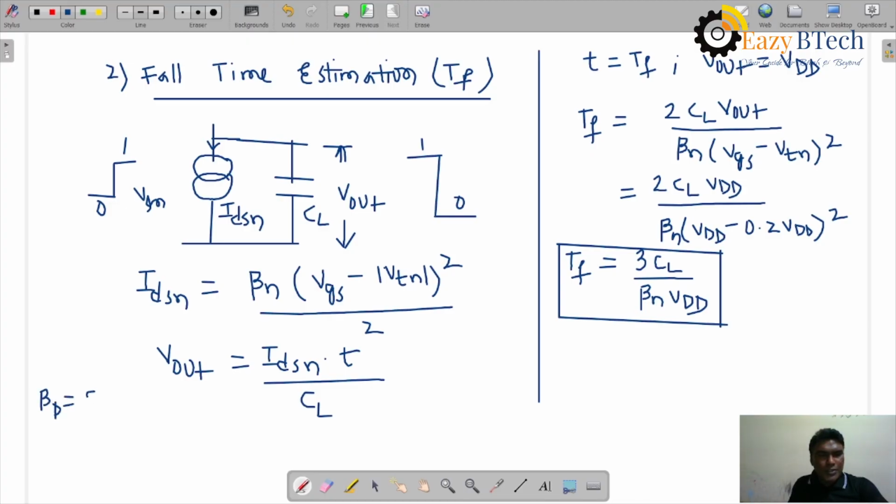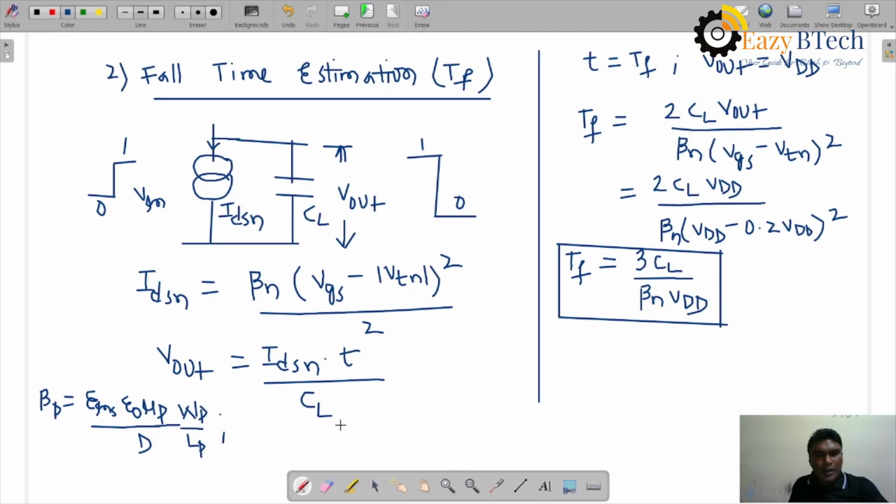Beta p, we discussed in the CMOS inverter, in the IDS versus VDS relation, is epsilon naught mu p by D into WP by LP, right?